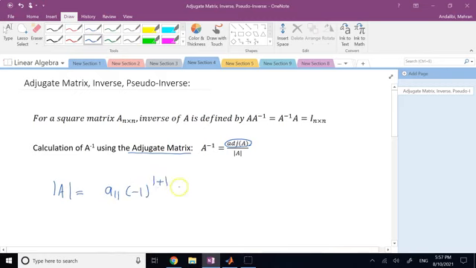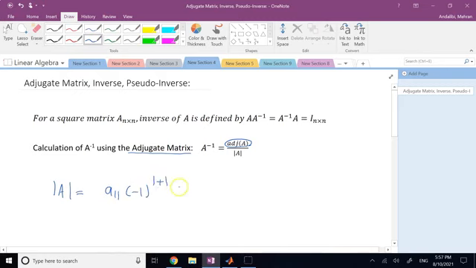So this term, if you remember, we called the minor, and when multiplied by negative 1 to the i plus j, we call it what? A cofactor, right? So the cofactor and the minor, we remember from the previous lecture.